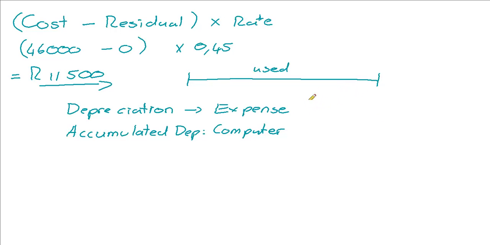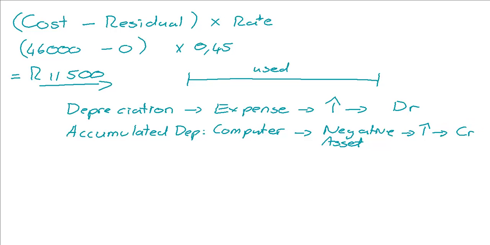Right, what happened to my expense? The expense account increased because we've used more of this asset, and therefore whenever an expense increases, debit-credit tells us that's going to be a debit. My accumulated depreciation account is a negative asset. All right, and what happened to the negative asset? We've used more of this asset, so the negative asset increased, so that's going to be a credit. You remember, as my assets increase, that is going to be a debit.